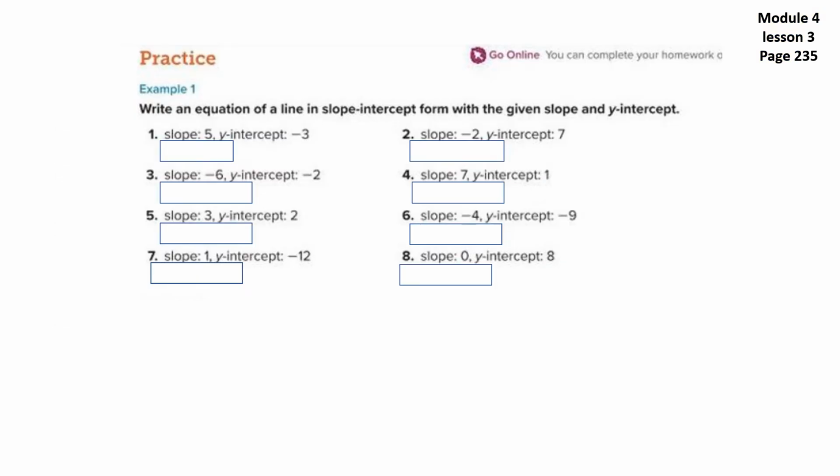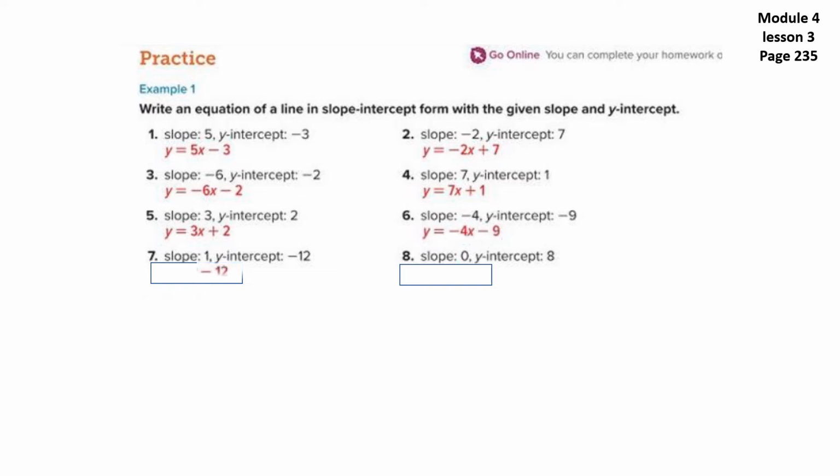Similarly, from module 4, lesson 3, page 235, the following questions will have the answers as follows. We have used here slope-intercept form to get our answer. So please check your answers, and I'm sure you will be getting correct answers for these questions.